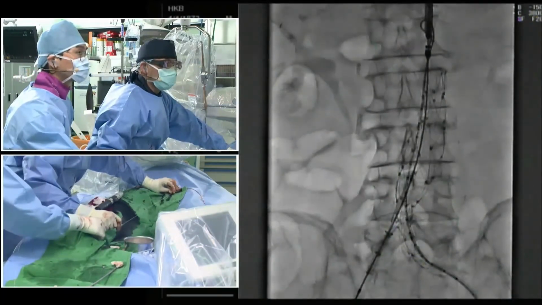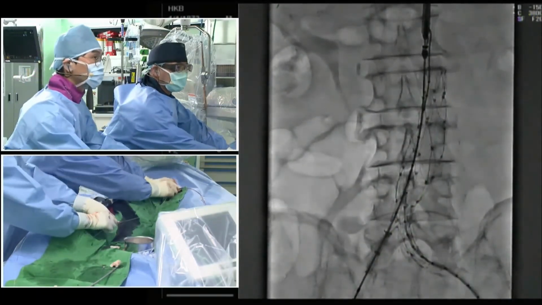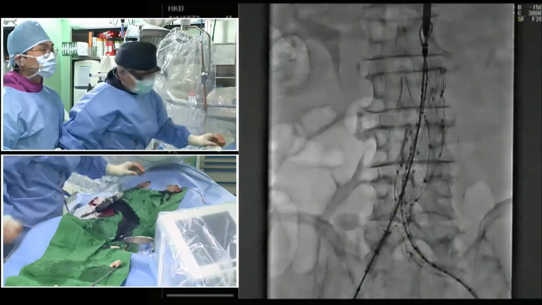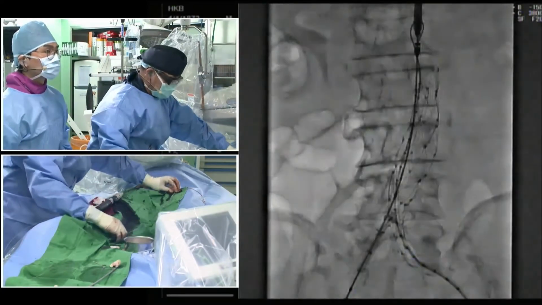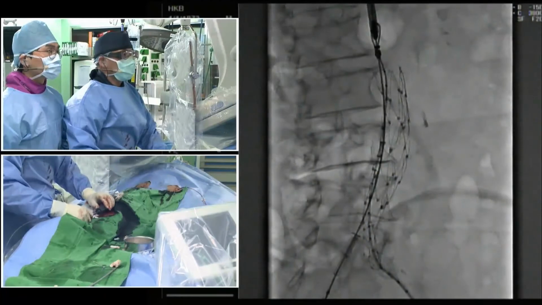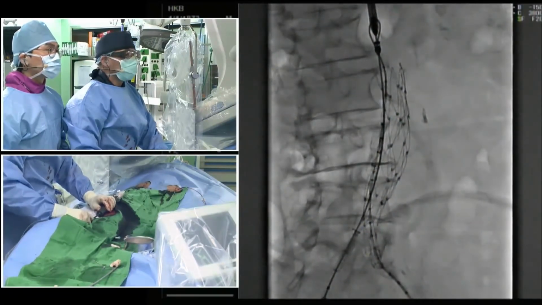Do you have any tip? Dr. Go, please. Yeah, change the angle. Okay, we have to confirm the pigtail tip is fully attached to the connector.